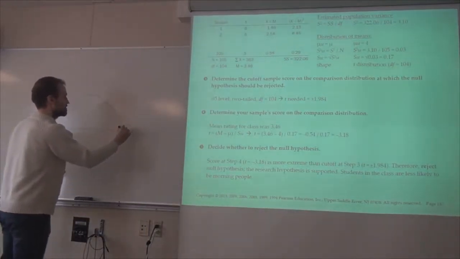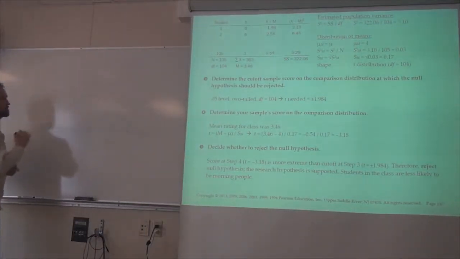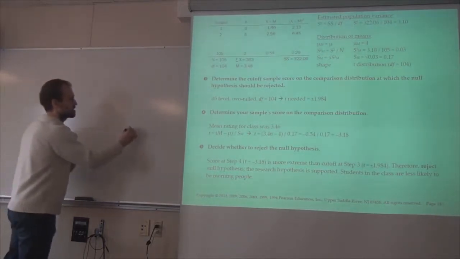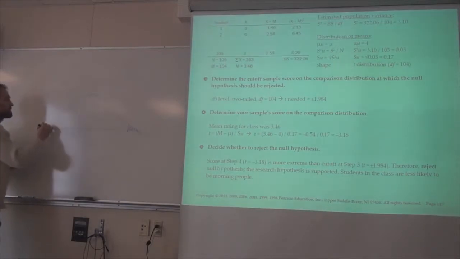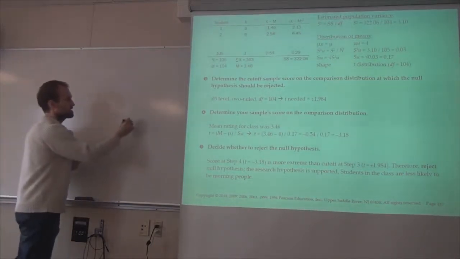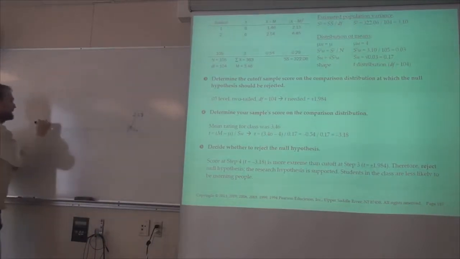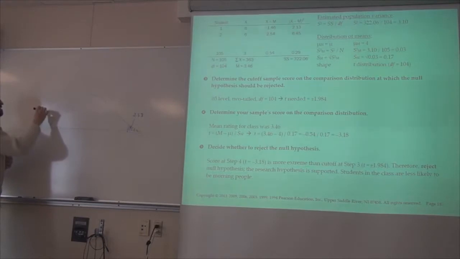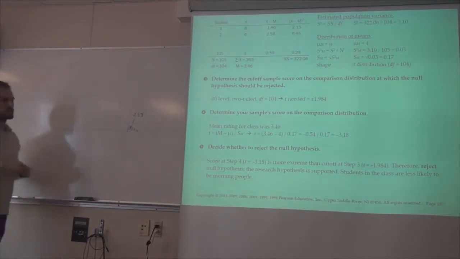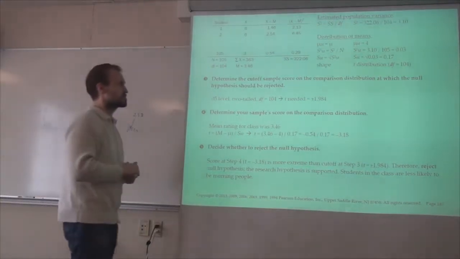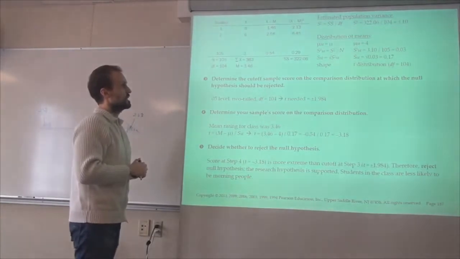I don't know if the average rating is more or less morning person for our class, so I want 2.5% here and 2.5% there, just to cover either side. I'm not sure if it's going to be more or less.